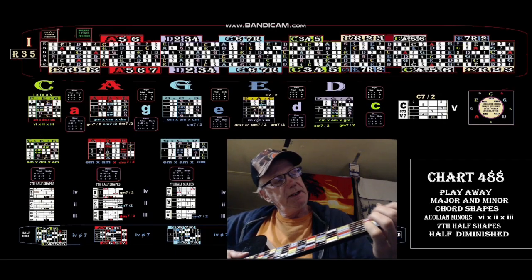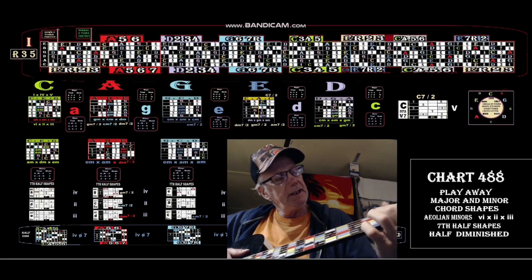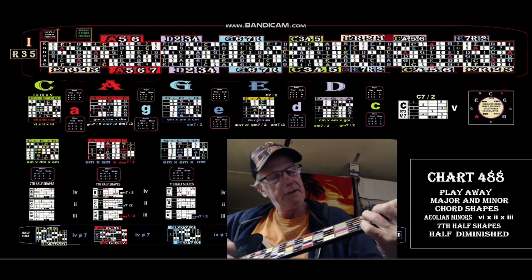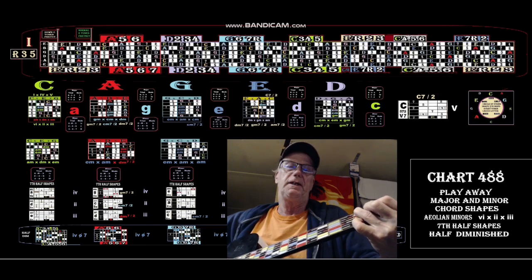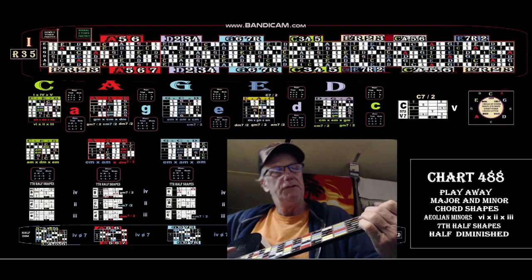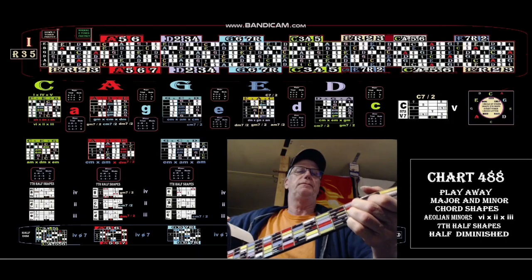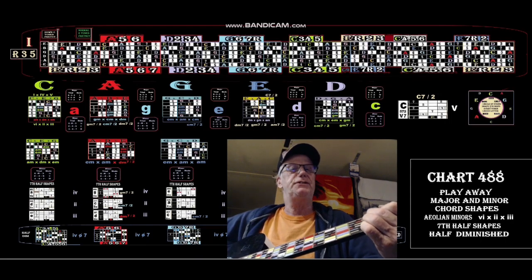You can do it with D minor 7th. Okay, A minor 7th. Like that. And then you got your G7. Okay, the major one. Alright, which is a half of a C shape.